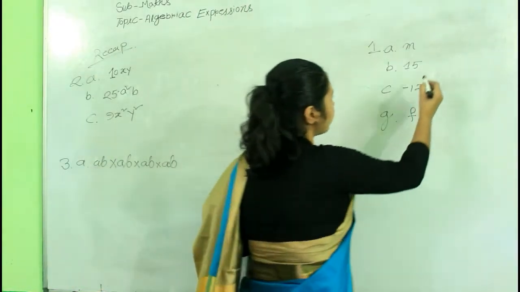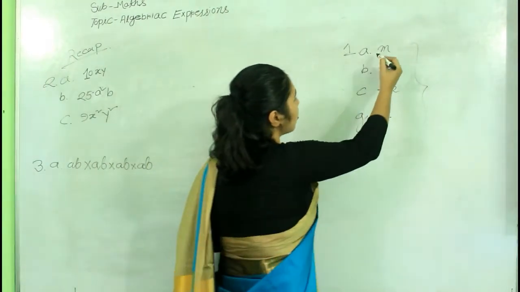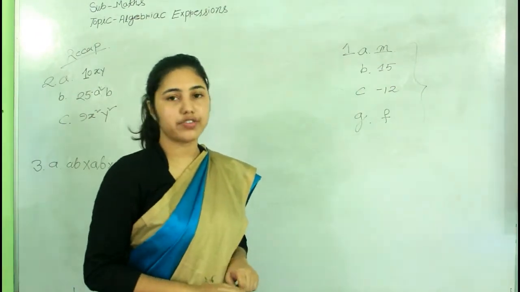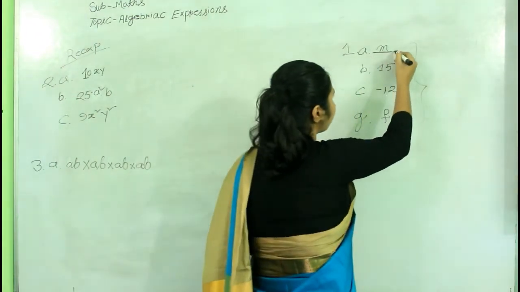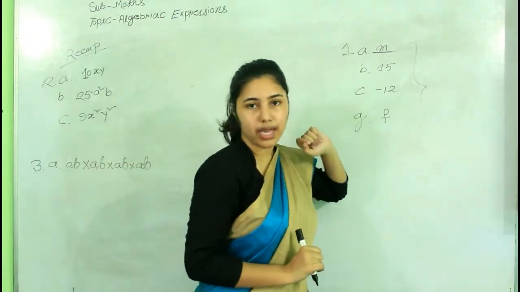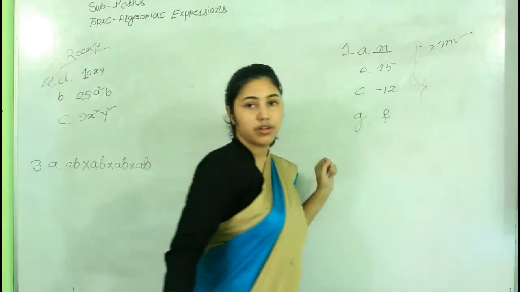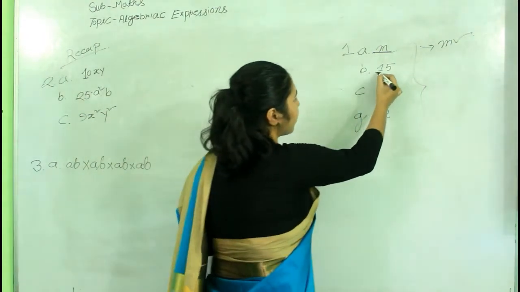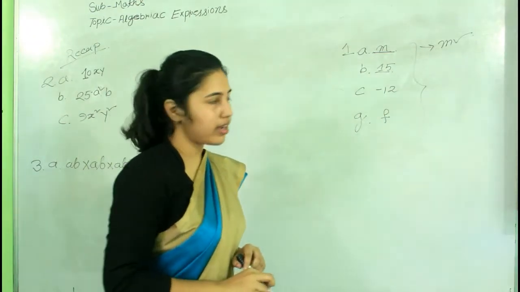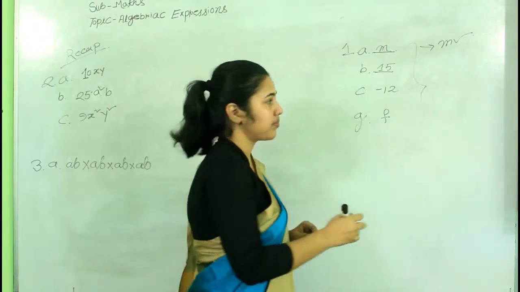Here we have to identify the variables. Okay? So look at here. m is not a fixed point, right? We can assume any rational value in place of m. So m is a variable. Next, 15. We know that 15 is an integer, right? Which means 15 is a fixed point.